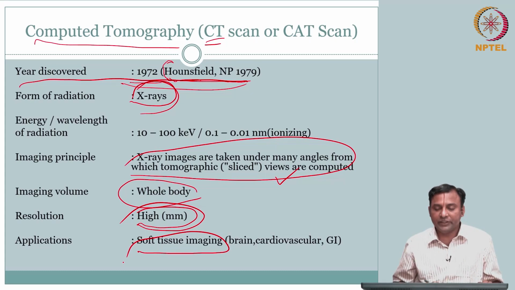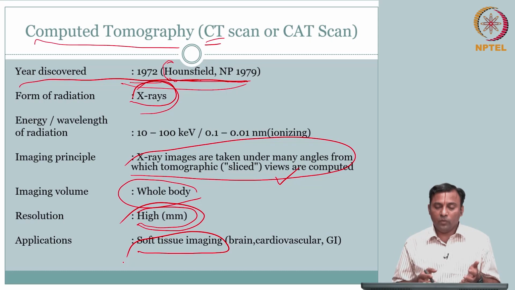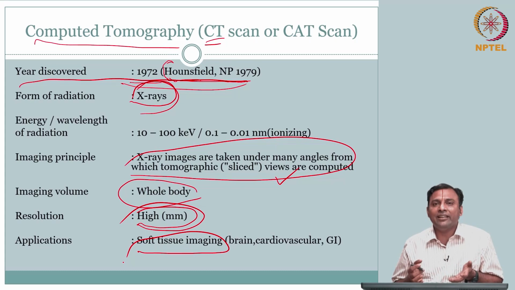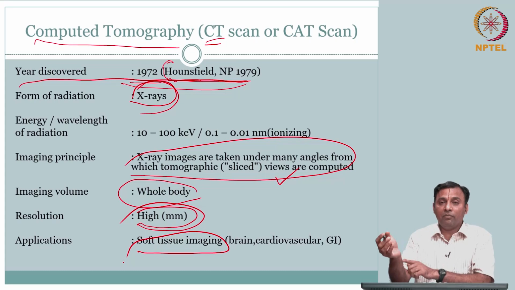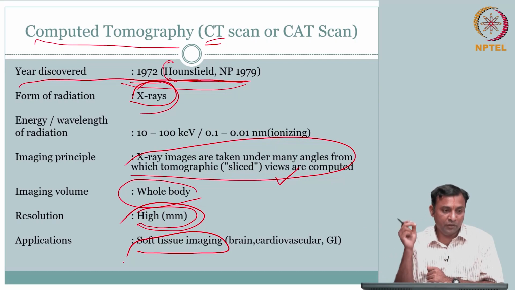Again, application: the moment you said X-ray based imaging, projection radiography was used. Wherever projection radiography can solve the problem, you don't really need a CT. If I can tell there is a bone fracture here, a quick and safe X-ray projection radiography is good enough, right.